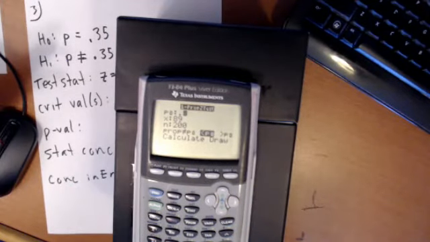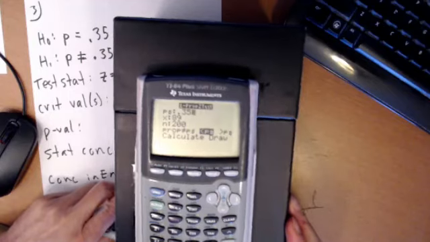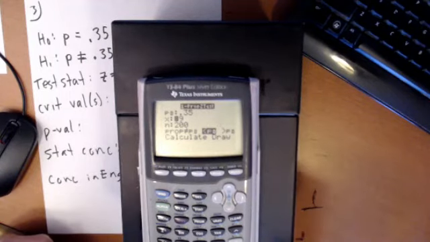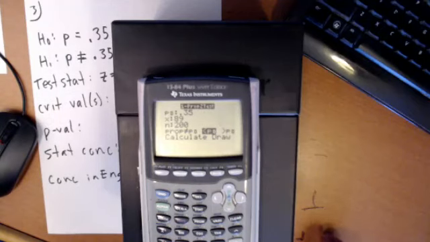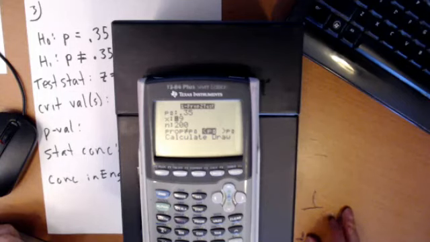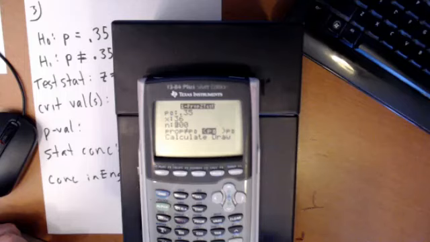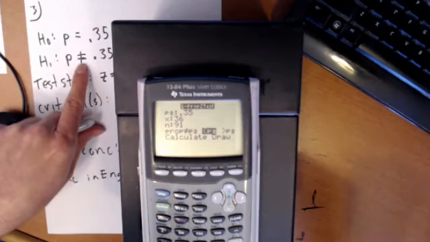Enter. Then X out of N. The problem says we simple random sample 91 students and 36 have credit card debt, so 36 for X. N is always bigger, 91. Enter.